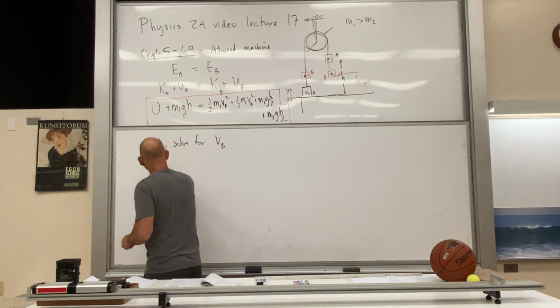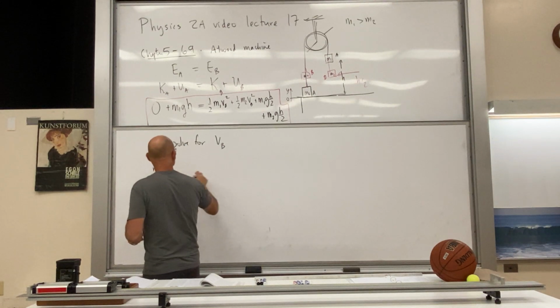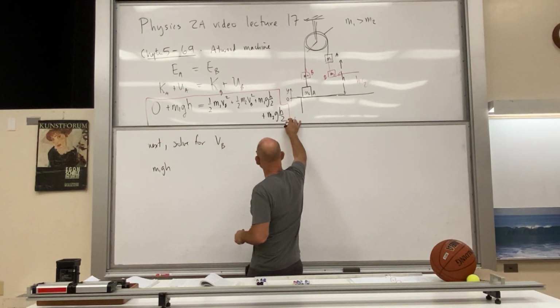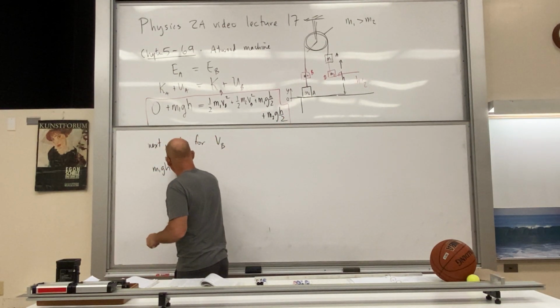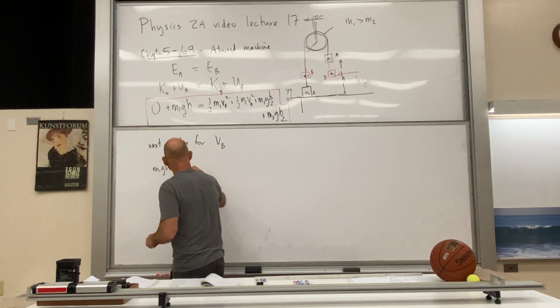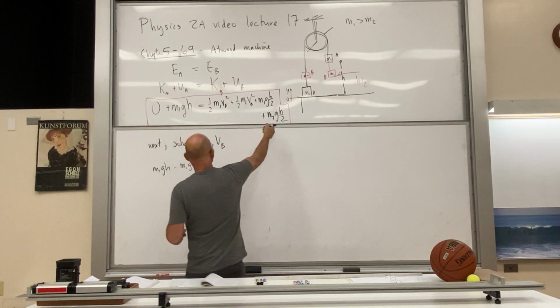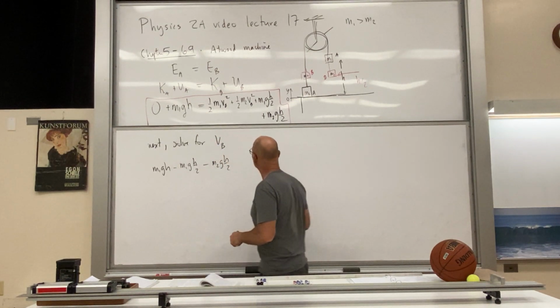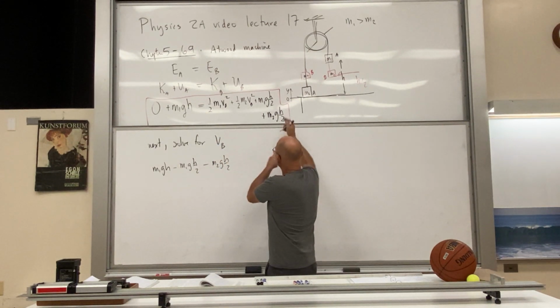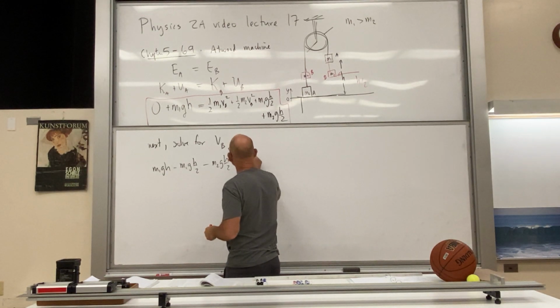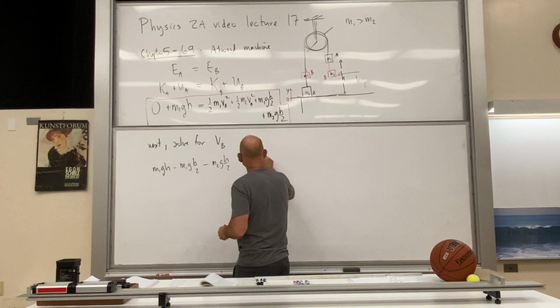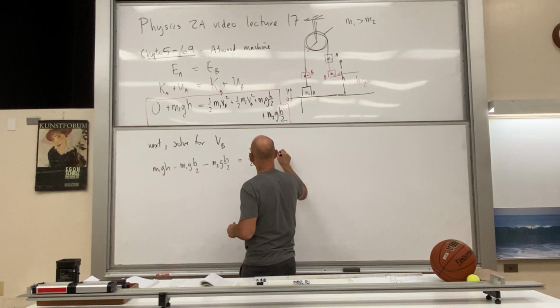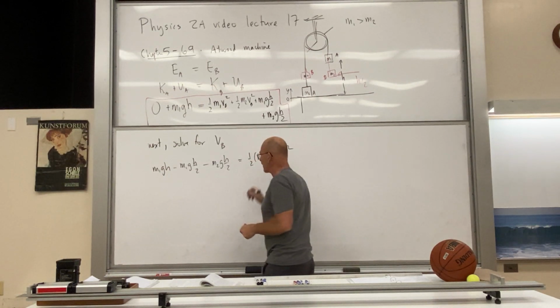You're going to have M1GH, and then you're going to subtract these two off: minus M1GH over 2, minus M2GH over 2. Subtracted those off, equals 1/2 (M1 plus M2) V_B squared.